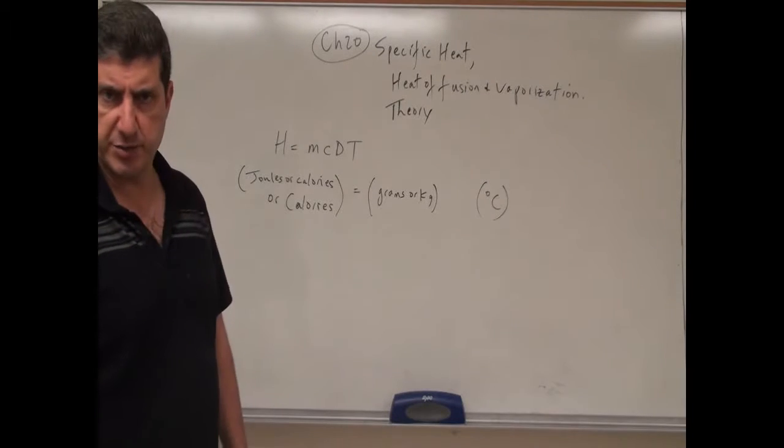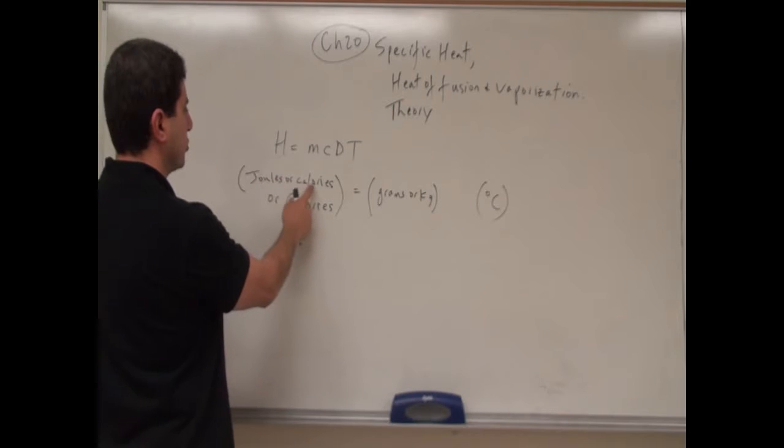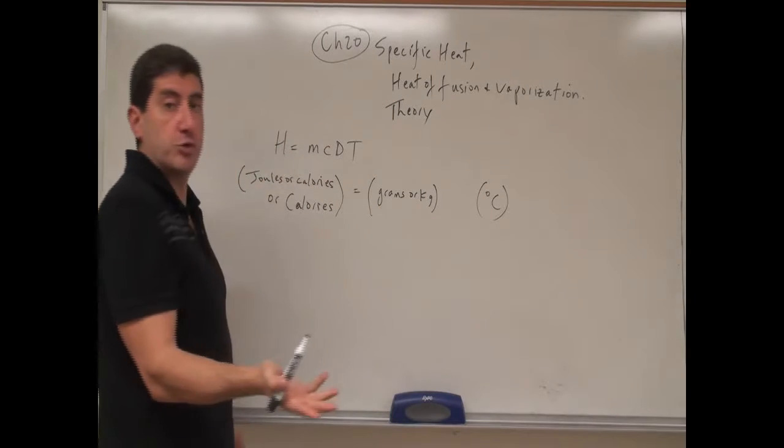So what is the units of specific heat? Well, the units of specific heat, depending on what units we choose for joules, or we choose calories or big calories, and then grams or kilogram. So it could be either of those.